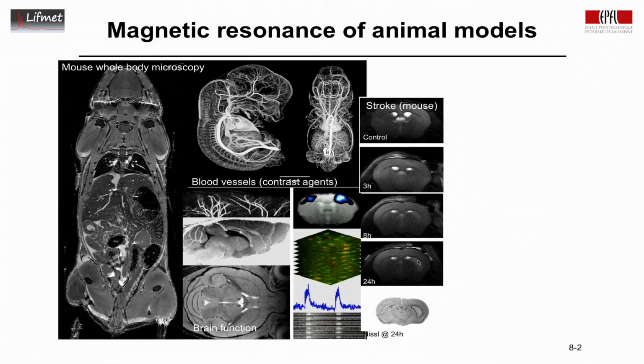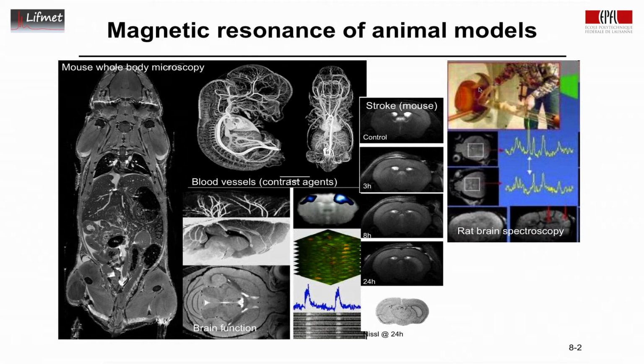One can see some bright area here. And this is the Nissl staining that shows the death of neurons, done after the MRI scanning has been done. And finally, another example is that one can look at chemical compounds, phosphorus, phosphocreatine, ATP, using spectroscopy, in this case in the rat brain.